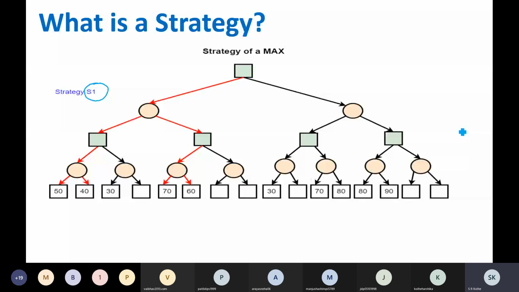Already we have discussed this in the minimax algorithm and alpha beta cutoff algorithm. You go to the previous lecture notes, find out what move min will make from this.